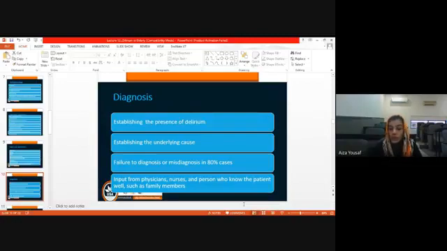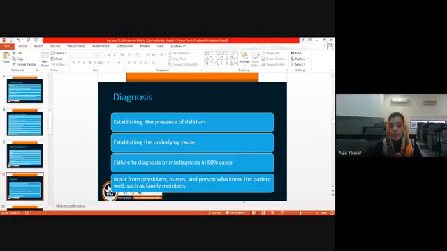To diagnose that change, we have to know the baseline mental status, that is, where the patient stands in their mental status. That's why it is very difficult to diagnose delirium. For the diagnosis of delirium, the underlying cause should be identified properly, so we can treat the cause. When the cause is removed, delirium will be resolved.